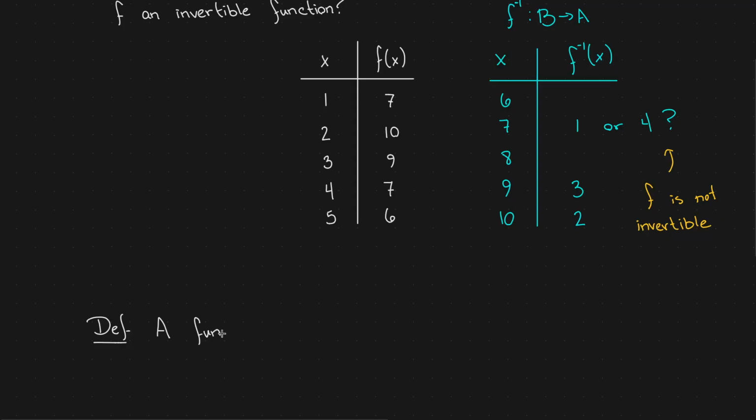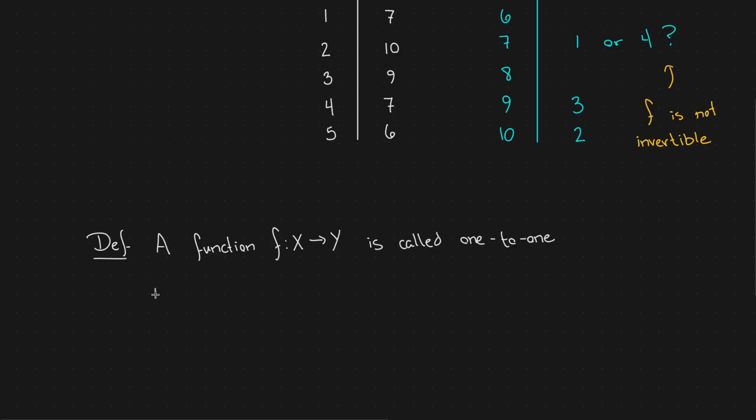A function f from some input set x to some output set y, some codomain y, is called one-to-one if f of x1 equals f of x2 is true if and only if x1 and x2 are the same.